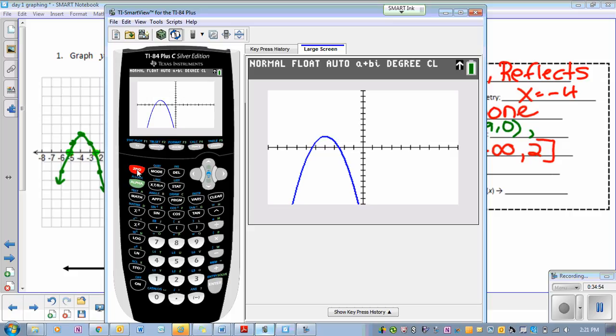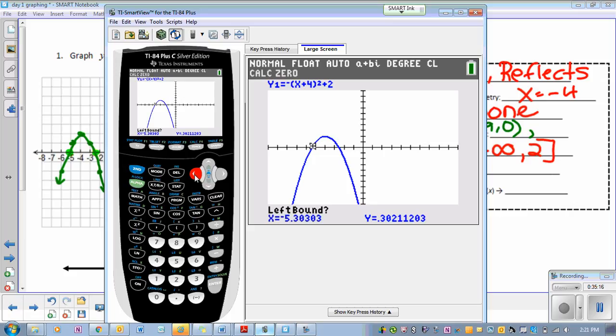Second trace, 0. Let's find the other one. Move blinking Bob over to the other one, because that's your new starting point. And then you guys find it. Tell me what you get. Try it out.